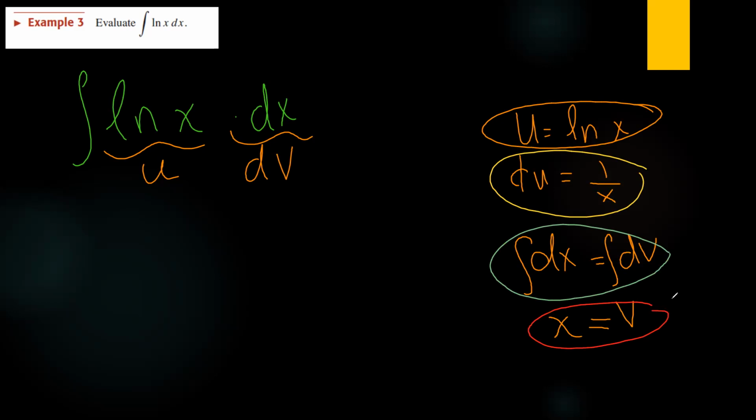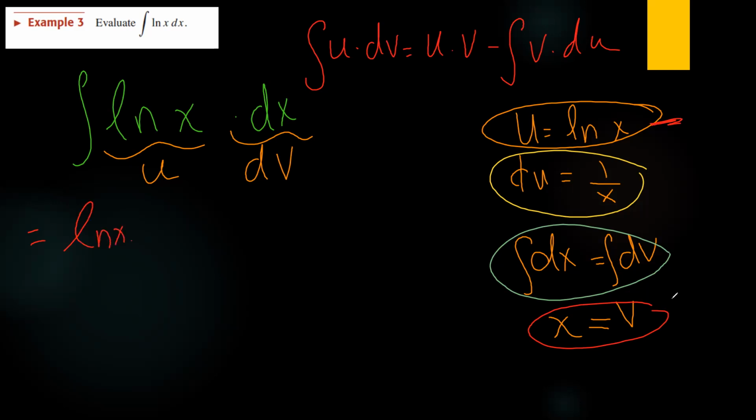Then let's remember that the integration of u dv will be u times v minus the integration of v du. So u, which is ln of x, times v, which is x, minus integration of v, which is x, times du.